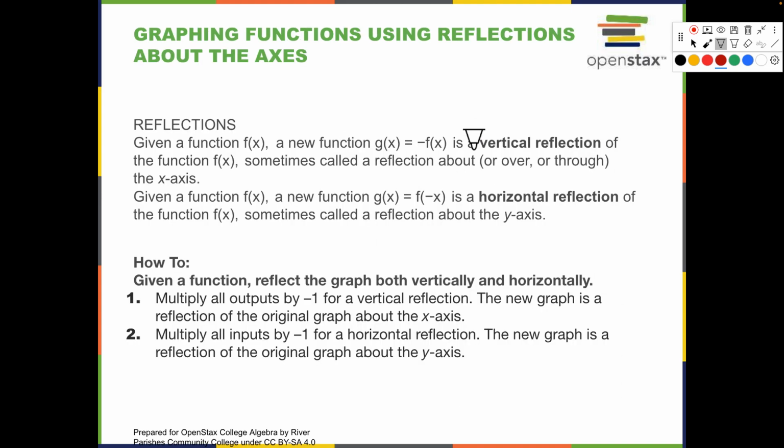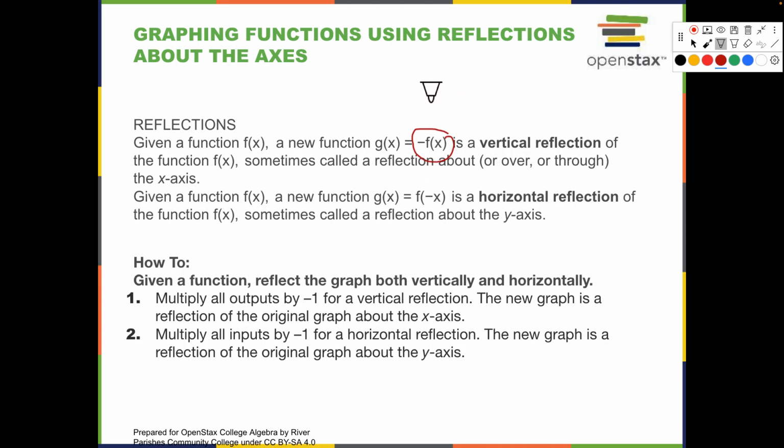Okay, reflections. Again, I left in all the wordiness of it, but if we put a negative on the outside of a function, remember that's going to change the y values. So we get our y value, and then we make it the opposite.